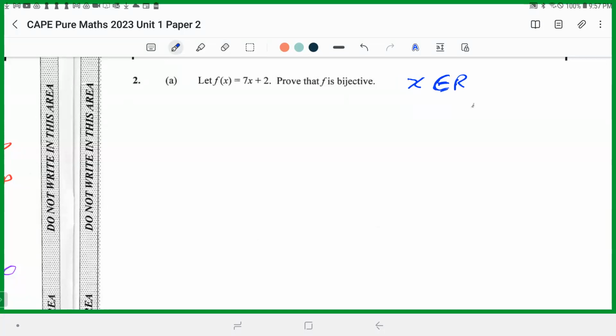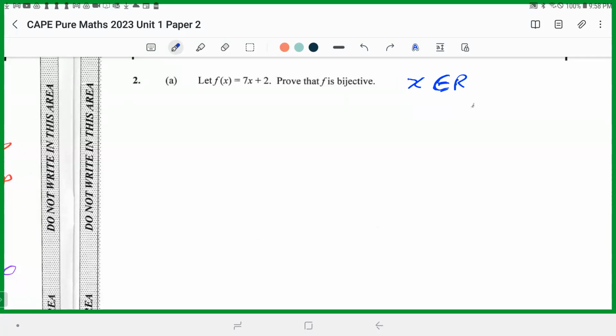All right. So to prove that it is bijective, we need to prove that it is injective and surjective. That's what bijective means. Injective is one-to-one. Surjective is onto. So bijective is when it is both. So we're going to do the two tests separately.